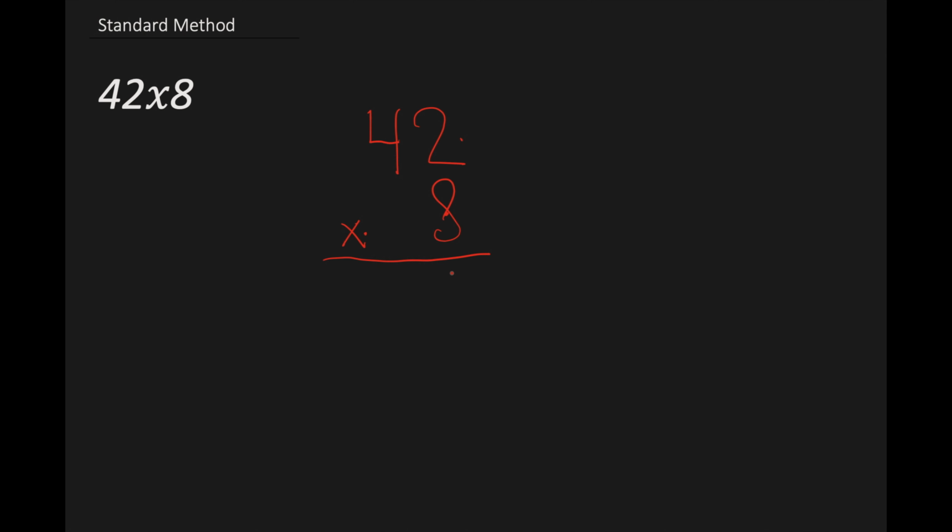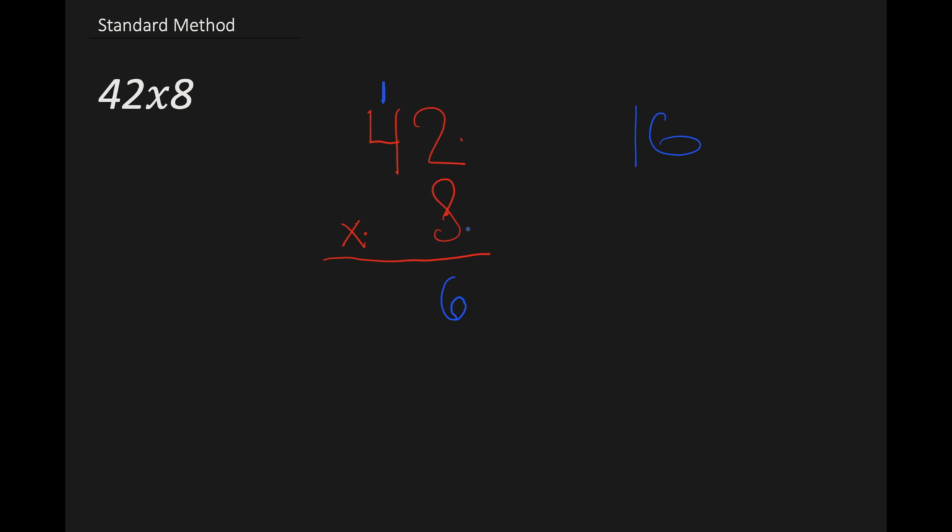You have the 6, and what you do, you're going to regroup the 1. So you have this number 16 as 8 times 2. You're going to regroup that 1 to go here, just like in addition. And the 6 goes here.